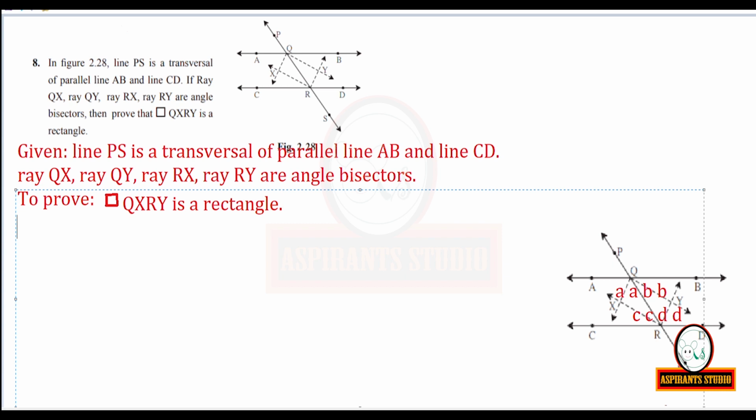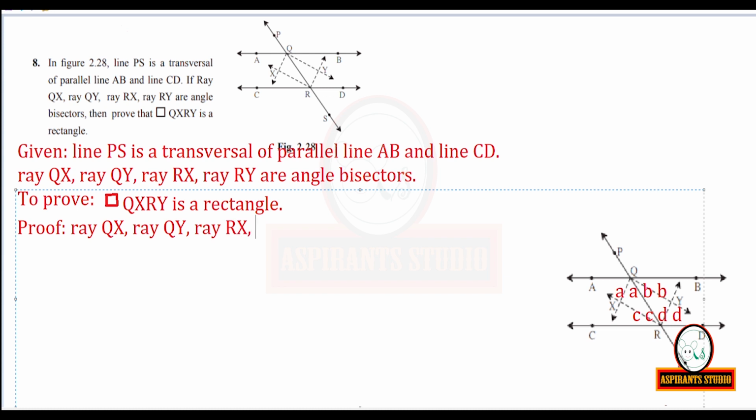Now, coming to the proof, we have rays QX, QY, RX, RY to be the bisectors of angle AQR, angle BQR, angle QRC, angle QRD respectively. So, first of all, let us see how we can form the first equation.